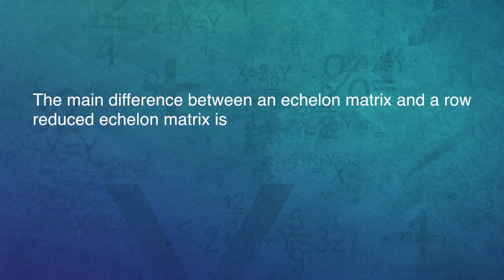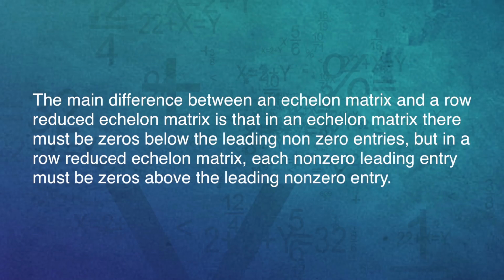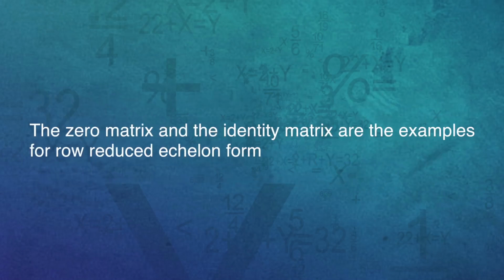The main difference between an echelon matrix and a row reduced echelon matrix is that in an echelon matrix, there must be zeros below the leading non-zero entries, but in a row reduced echelon matrix, there must also be zeros above each leading non-zero entry. The zero matrix and the identity matrix are examples of row reduced echelon form.